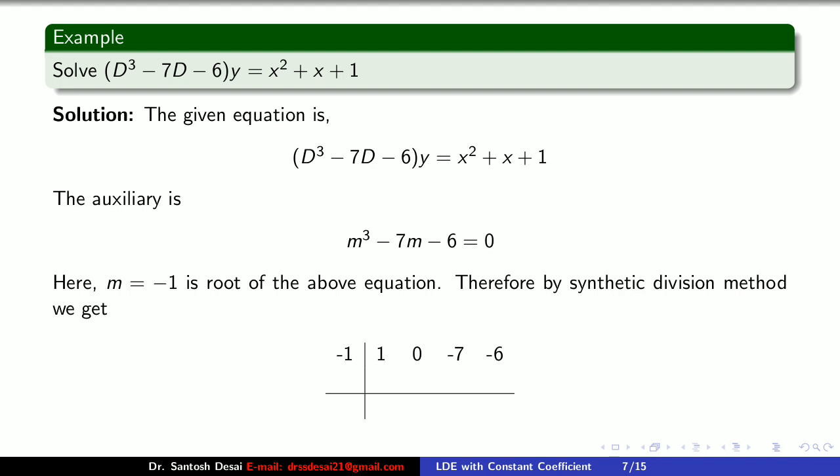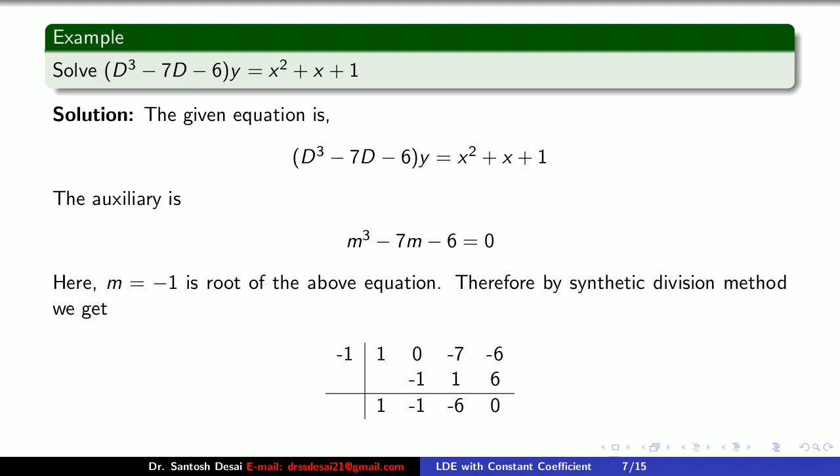Take the first number below the horizontal line, 1, and multiply the root and this number and write below the 0, that is minus 1. Adding 0 and minus 1, we get minus 1. Again multiply minus 1 and minus 1, so it is 1. Adding minus 7 and 1, we get minus 6. Minus 1 and minus 6, it is plus 6, and adding we get 0. So this is the synthetic division method.